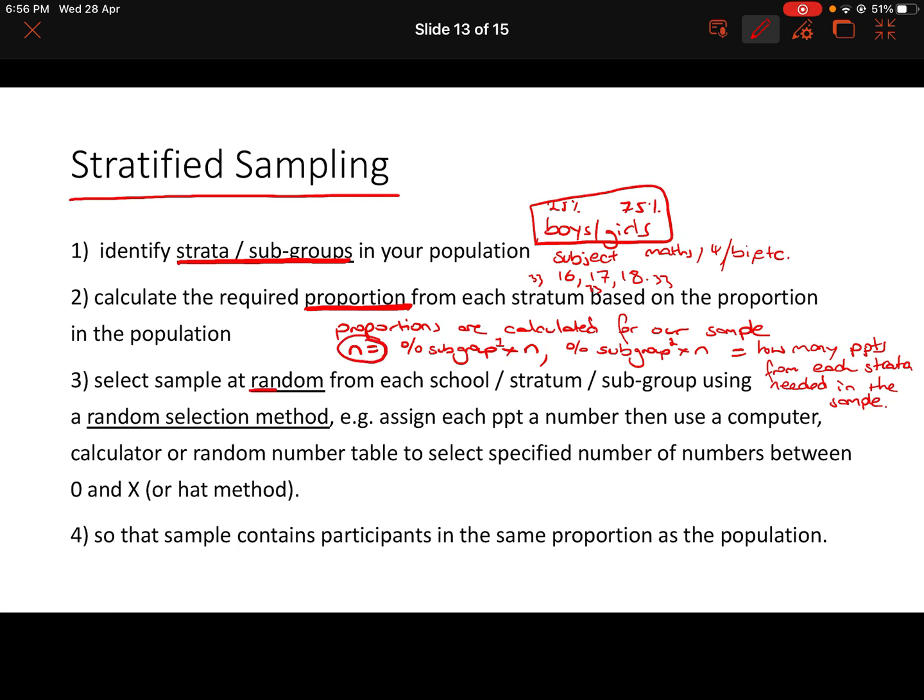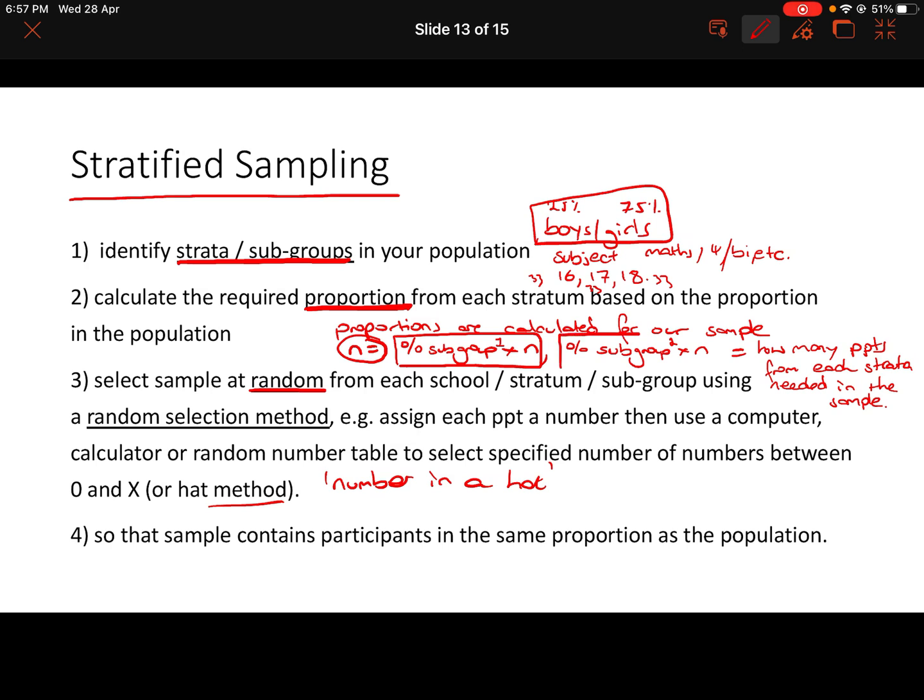We're then going to use some sort of random sampling method. So, for example, the number in a hat method. So we give all of the people in subgroup 1 a number between 1 and whatever number we need of that subgroup in our sample.